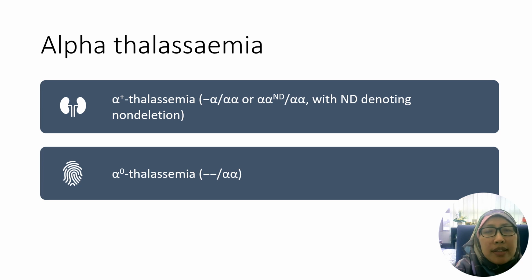The alpha thalassemias are classified into two main subgroups, which are alpha plus thalassemia, formerly called alpha thalassemia 2, in which one of the pair of genes is deleted or inactivated by a point mutation, and alpha naught thalassemia, formerly called alpha thalassemia 1, in which both alpha globin genes on the same chromosome are deleted.